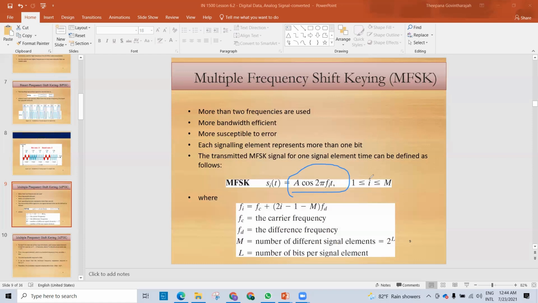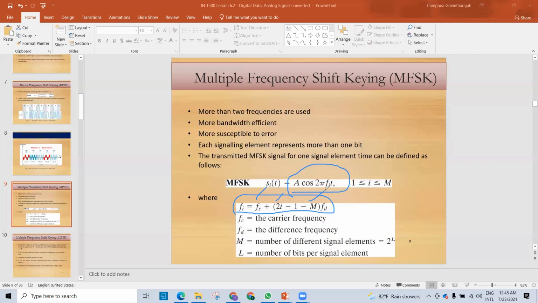But here, according to the number of different signal elements, we are using this format. Here, Fi is equal to this one. Fc means carrier frequency. I means which frequency number we are referring to. And M means the number of signal elements.